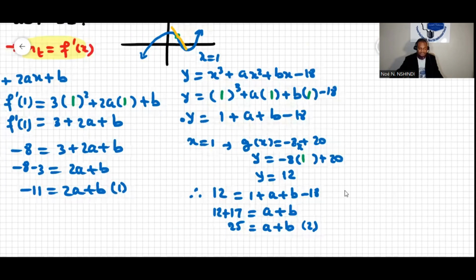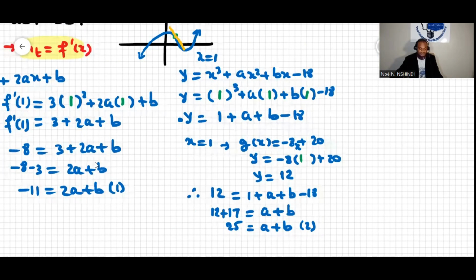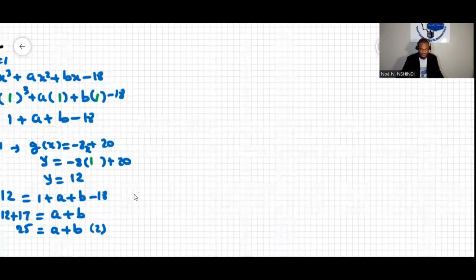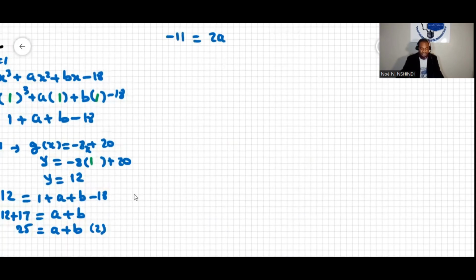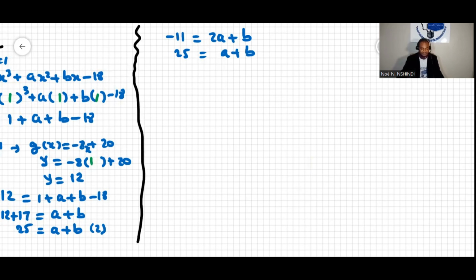This is -11 equal to 2a plus b, and we also have 25 equal to a plus b. This is equation 1 and then equation 2.